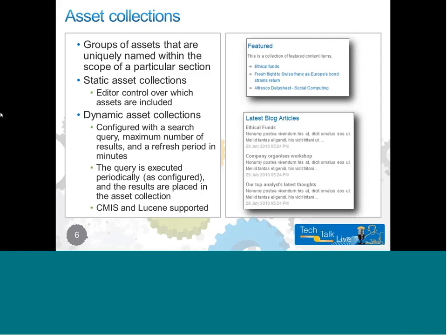There's also the dynamic asset collection that allows someone to type in a query to search the repository for the assets that should go into that asset collection. That query is re-executed periodically, and the time between those re-executions is configurable. And you can write that query in either CMIS or Lucene query language.